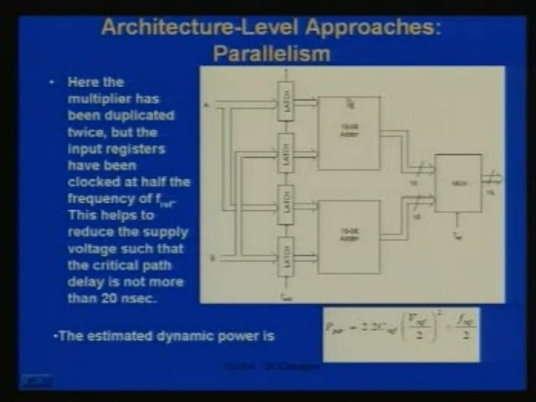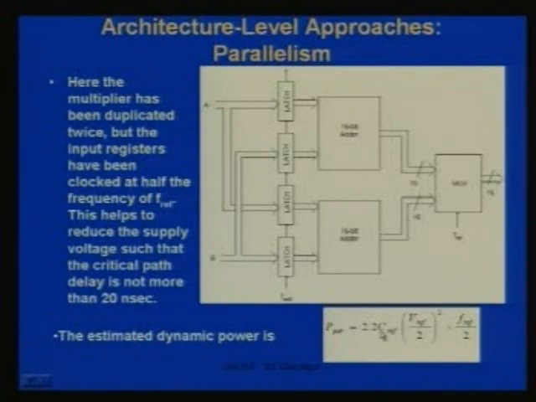So, this part of the circuit can operate at half the speed, and so you can reduce the supply voltage of these 2 circuits. As you do that, the capacitance obviously becomes more than double, because you will require a multiplexer, and this part is duplicated.